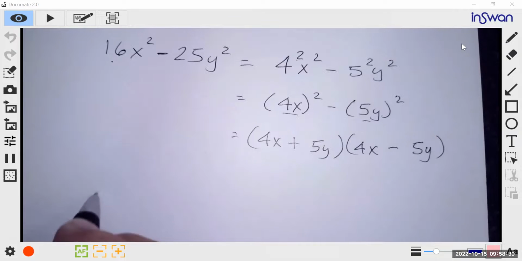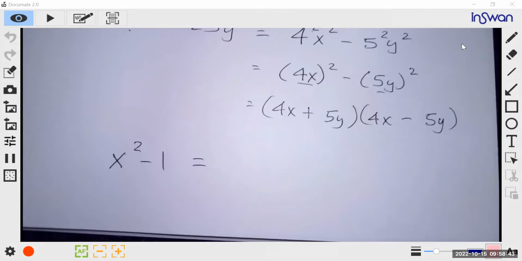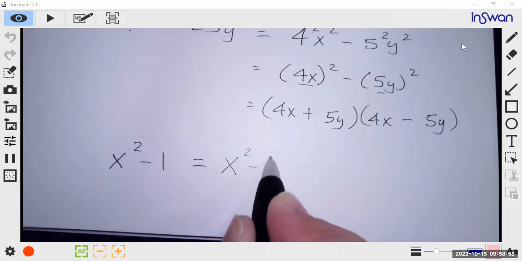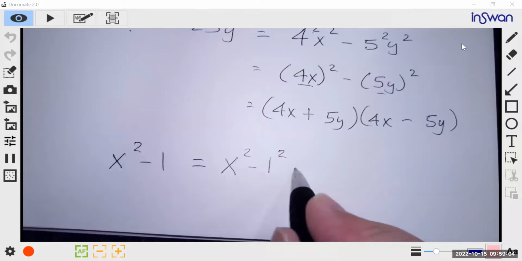So far, so good. How about that? Is 1 a perfect square? What is 1 times 1? Yeah, so in other words, this can be written as this.